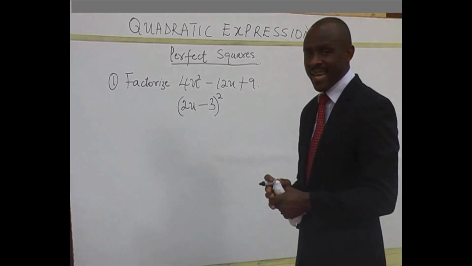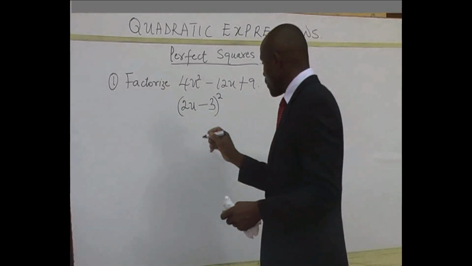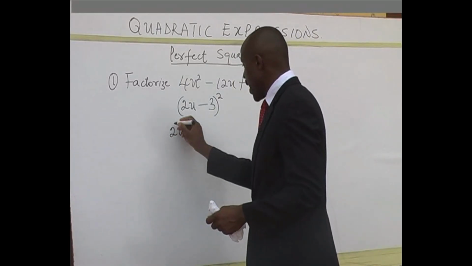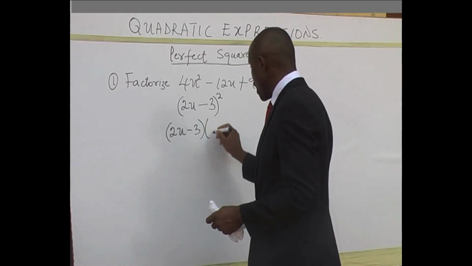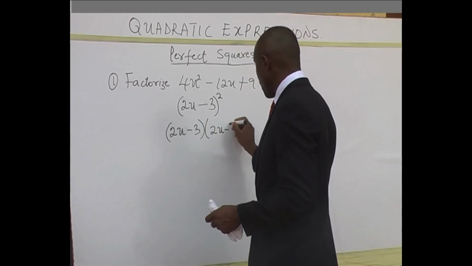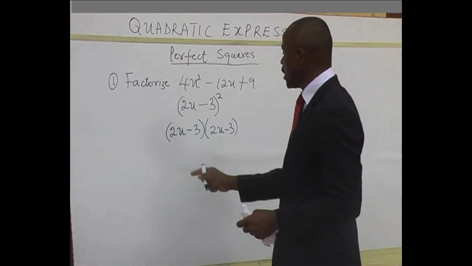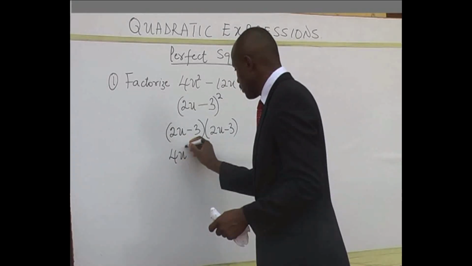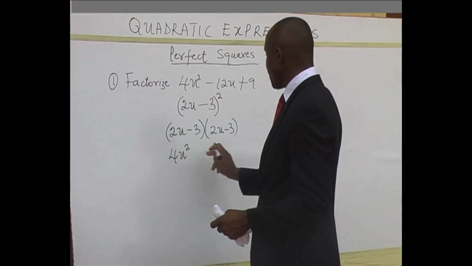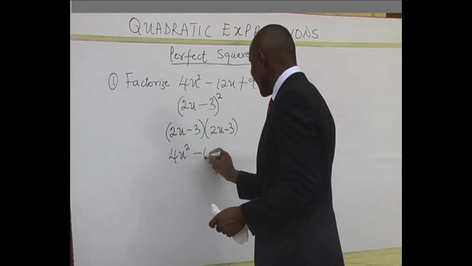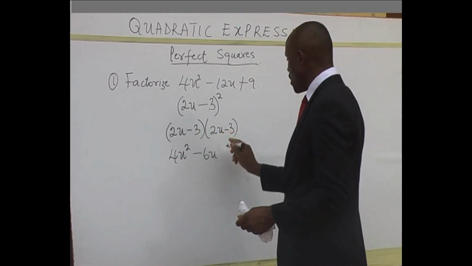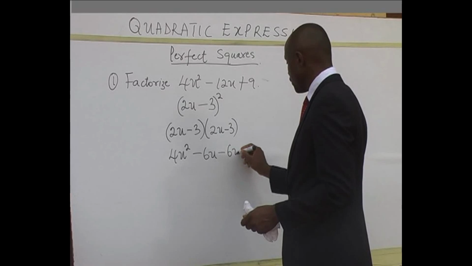Let's check by expanding. 2u minus 3 squared means 2u minus 3 into 2u minus 3. 2u times 2u will give you 4u squared. 2u times minus 3 will give you minus 6u. Minus 3 times 2u will give you minus 6u.